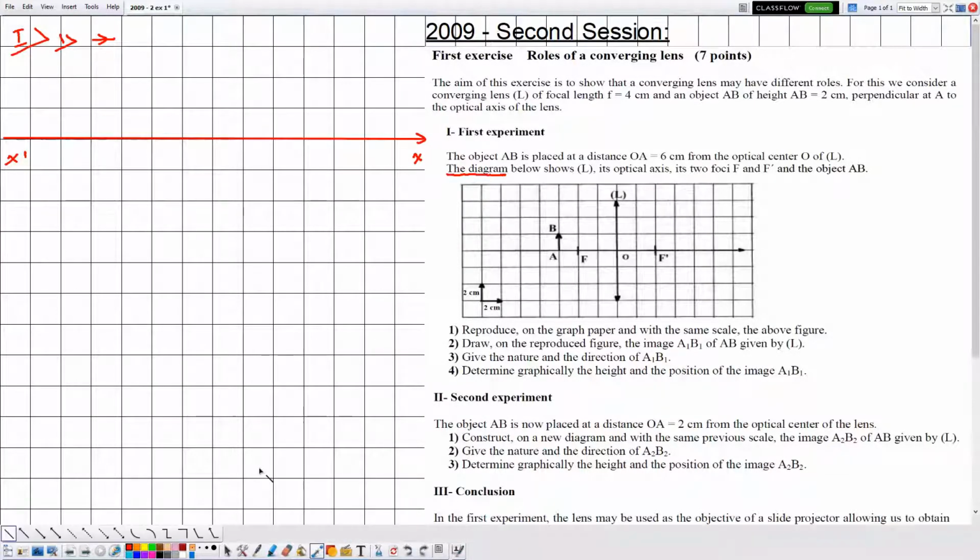Then we place the lens L perpendicular to the optical axis at the center, having the correct symbol of a converging lens.